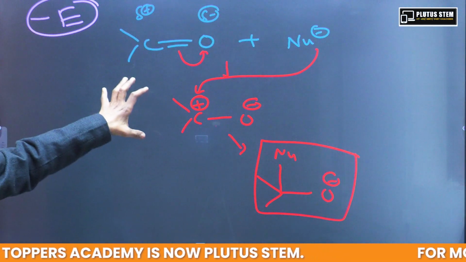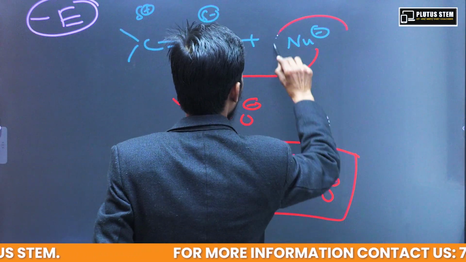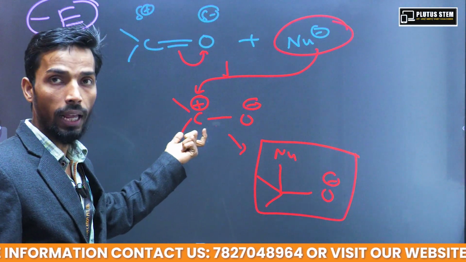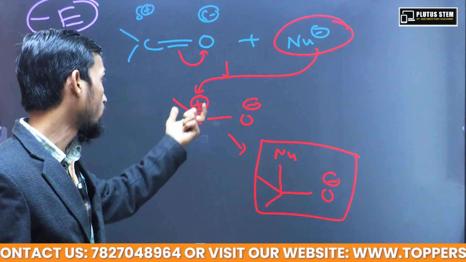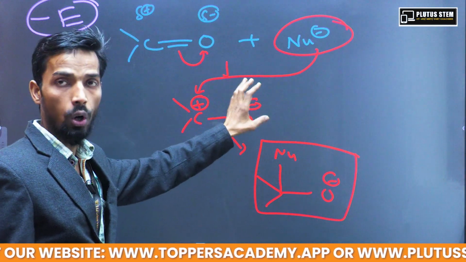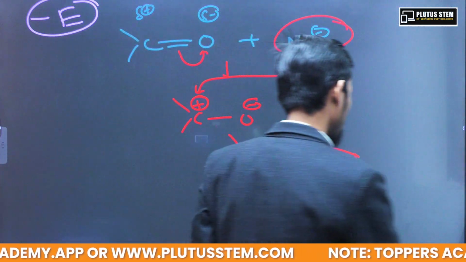So if you visualize over here, the addition of the upcoming reagent or nucleophile to that carbon which is not having the pi electron pair, because the pi electron is on the oxygen, and this nucleophile is attacking at the carbon.